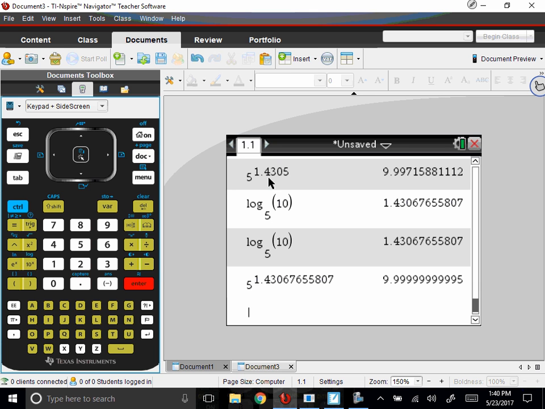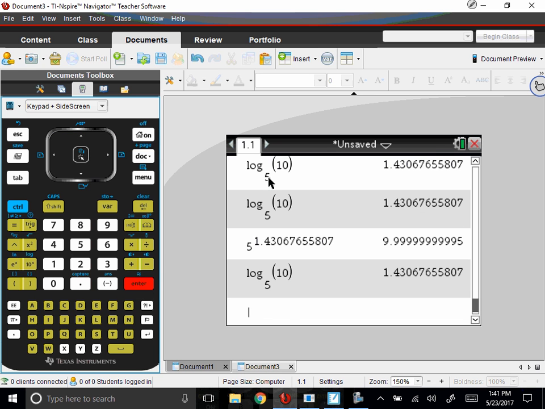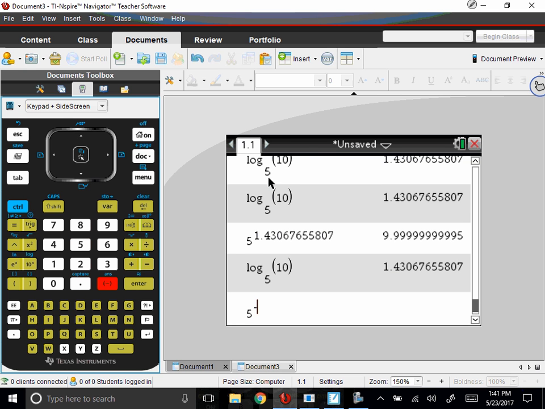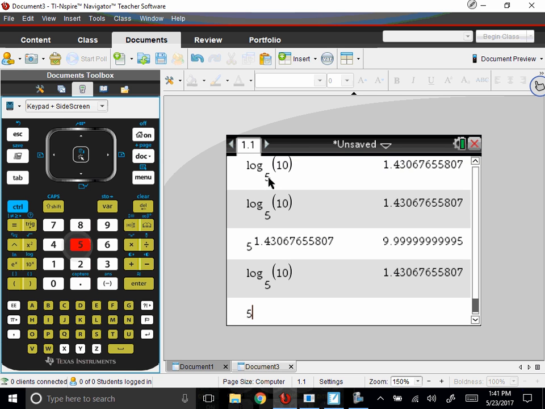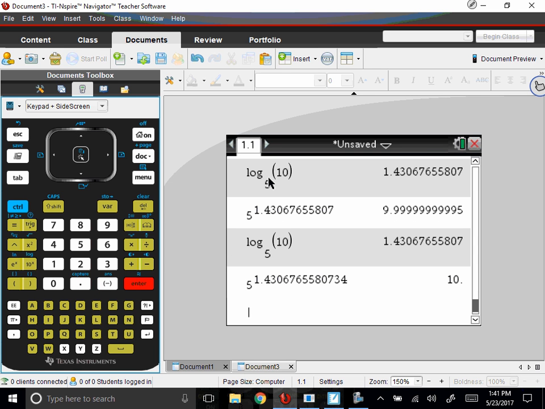Oh, 5 to the answer. So that's an exact answer, and that's why we need logs. 5 to the answer power. So that's why logs.